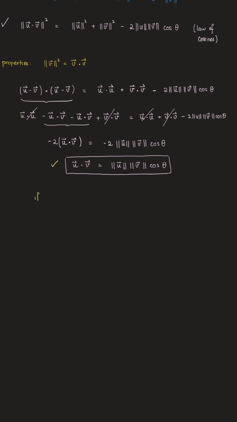If theta is pi over 2 or 90 degrees, this means that the vectors u and v have a 90-degree angle between them. In this course, we either say that they are normal, that means there's a 90-degree angle between them, or orthogonal, or perpendicular. These are all orthogonal, and normal means that there's a 90-degree angle between the two vectors.